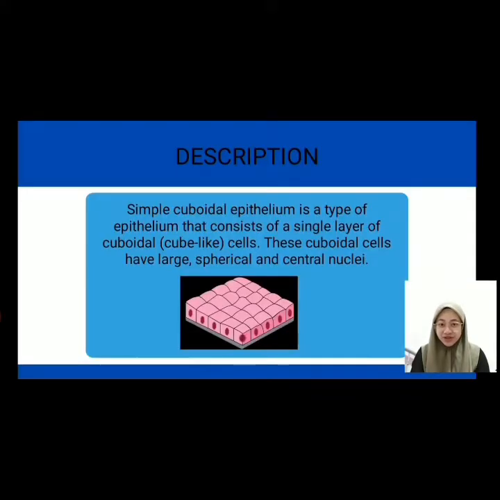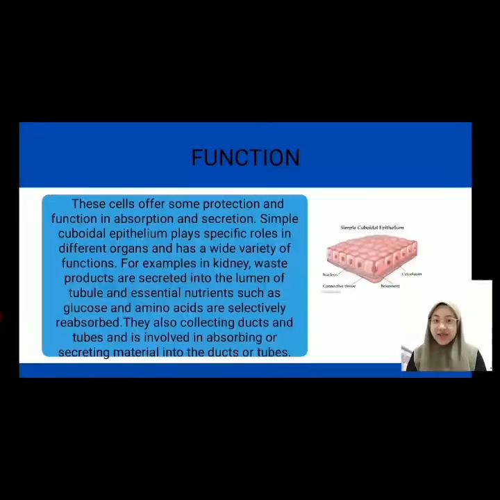For the description, simple cuboidal epithelium is a type of epithelium that consists of a single layer of cube-like cuboidal cells. These cells have large, spherical, central nuclei. For the function, these cells offer some protection and function in absorption and secretion. Simple cuboidal epithelium plays specific roles in different organs.